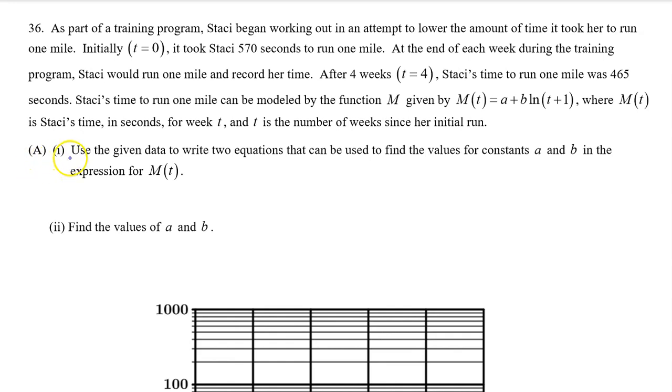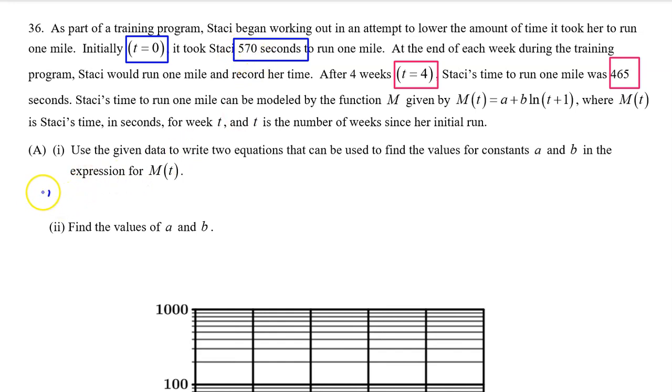Part 1. Use the given data to write two equations that can be used to find the values for constants a and b in the expression for m of t. Each input-output pair can be plugged into the model to write an equation. So, when the input is 0, the output should equal 570.